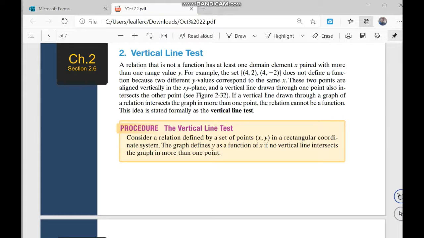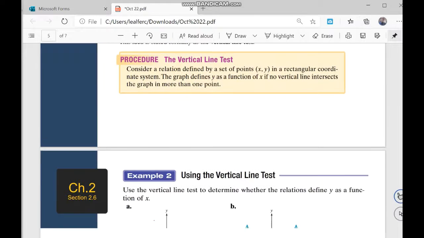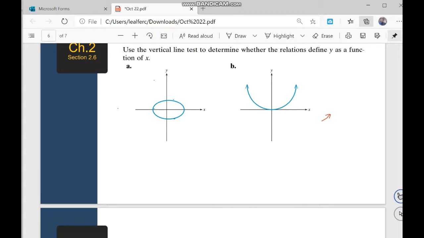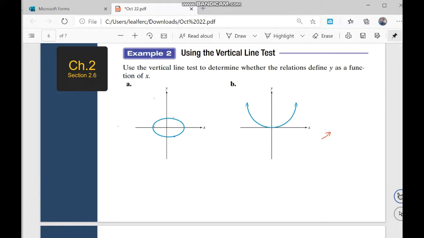It might be difficult to understand if you just read this, but I think it's going to be pretty easy to understand when we work it out on the examples. And we have two examples, actually, two graphs. In this first one, let's draw vertical lines. We need vertical lines, okay?